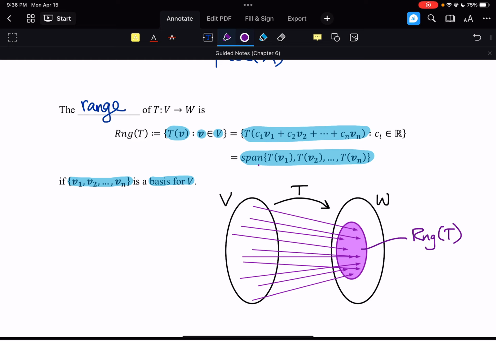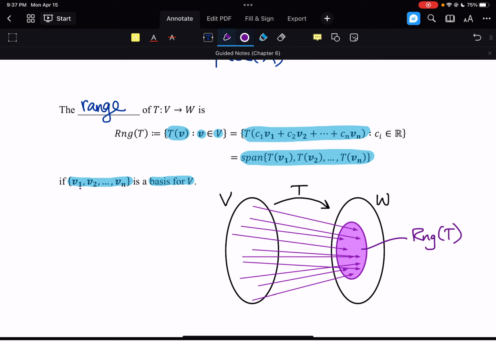And we typically write it in this form because that makes it a little bit easier for us to visualize. I can't literally take every vector in V and transform every single one of them. I have to pick and choose, but we know that using a basis, we can create any vector in V that we want.